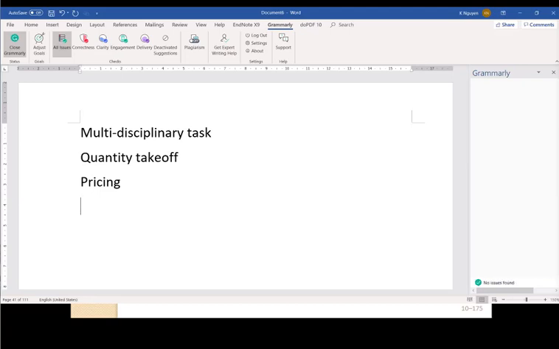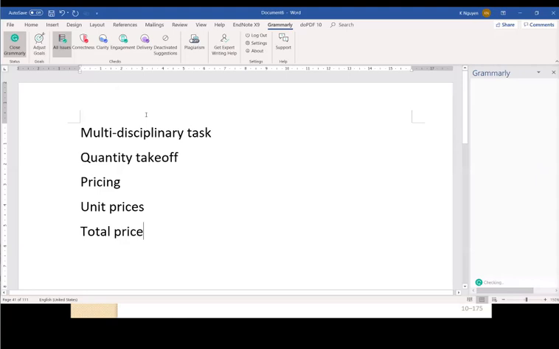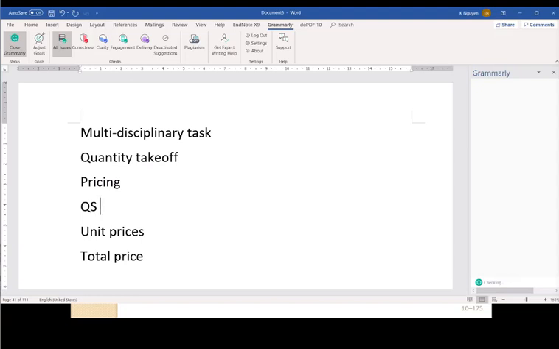And do the calculation for the price to be offered to the client, right? Including the unit price and the total price. Right. So you can group the people who do the quantity takeoff with the people who do the pricing together, right? And you can call them something like a QS department or something like that.